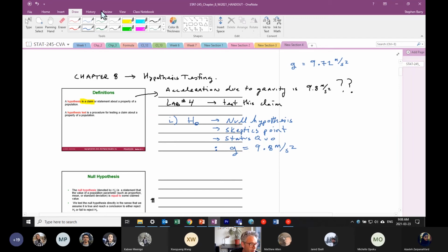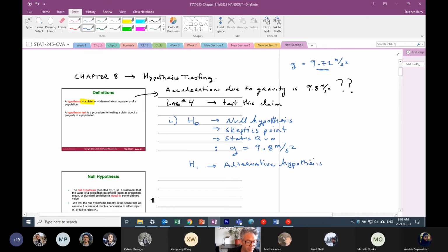And you've conducted an experiment that shows it's not, right? The data from your experiment shows that it is not 9.81, and specifically that it's less than 9.8. And so the alternative hypothesis is the one that is backed up by your scientific experiment. Your alternative hypothesis is the experimental data.